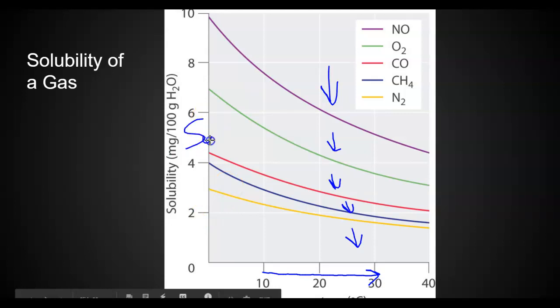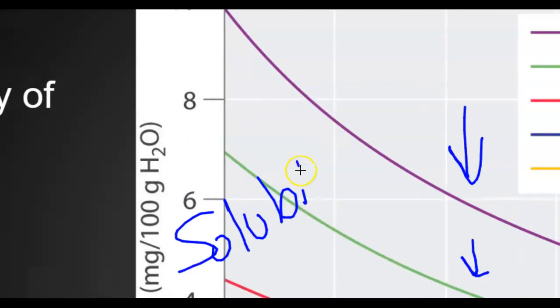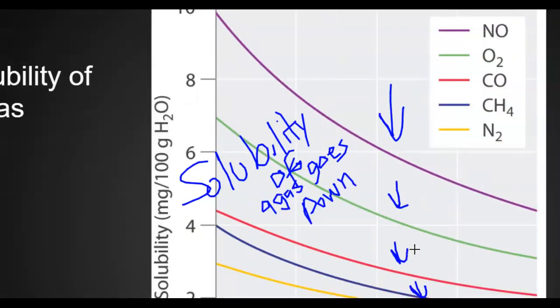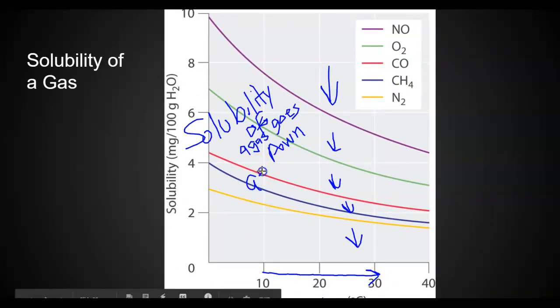So the solubility of the gas goes down as the temperature goes up.